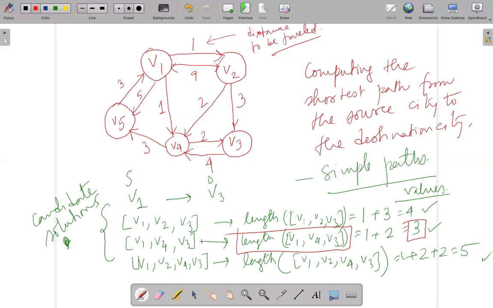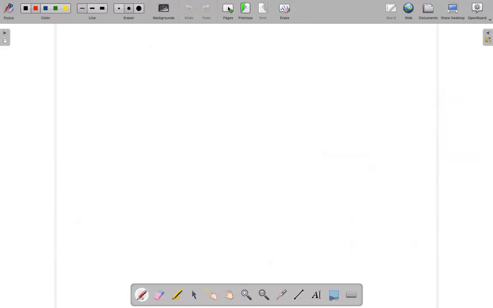Now, how do we go about solving this problem? What could be a very naive approach?